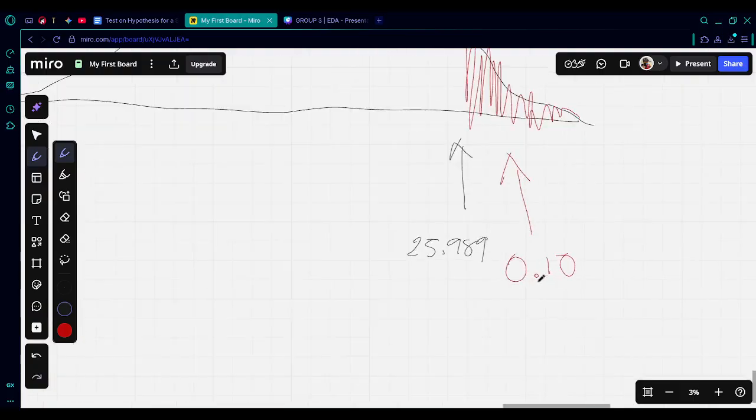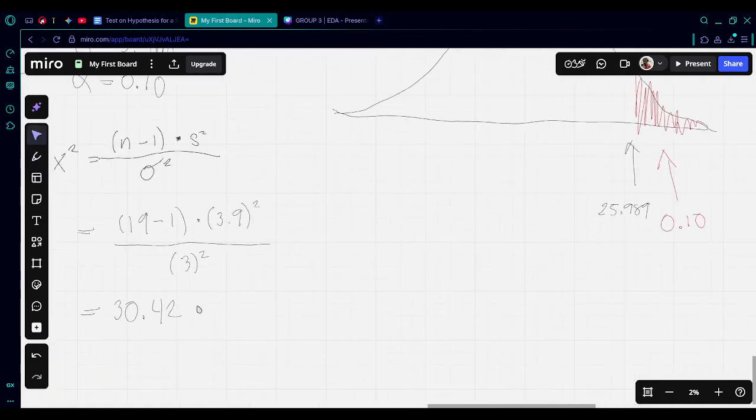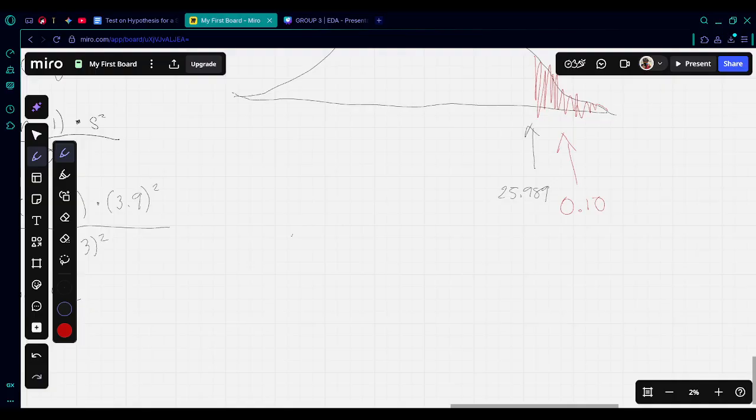Now that we have the value of the chi-square, which is 30.42, since 30.42 is greater than 25.989, we can conclude that it falls in the rejection region. This means that the 30.42 is somewhere inside the rejection region.